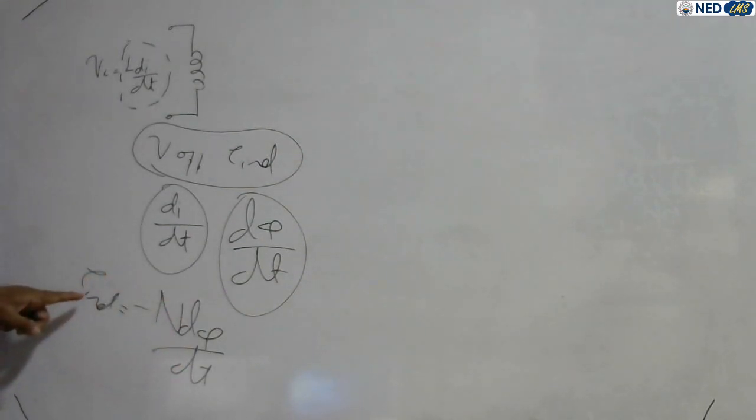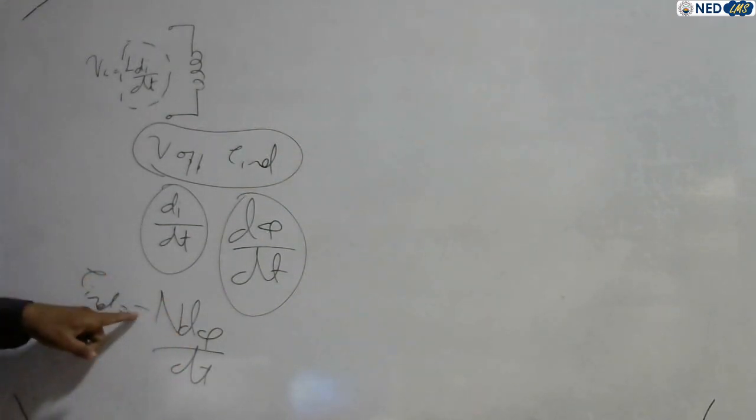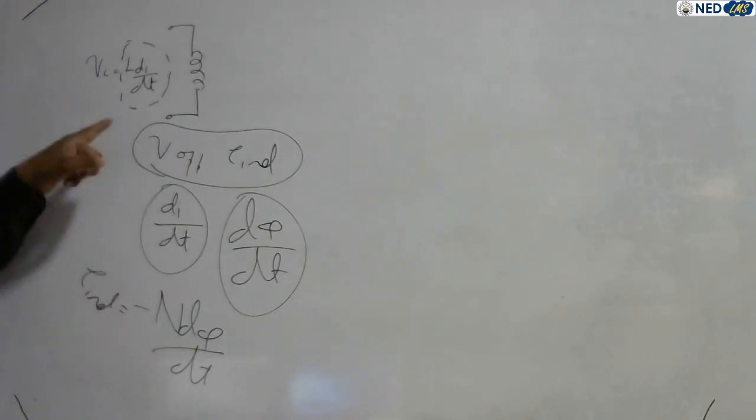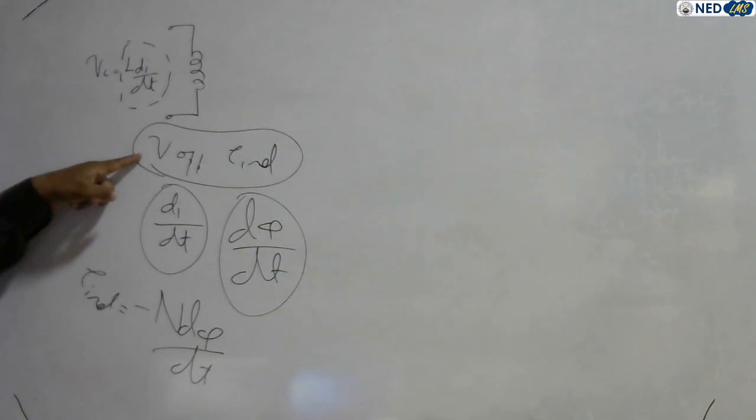This negative sign shows Lenz's law: it opposes its cause, the supplied voltage V.